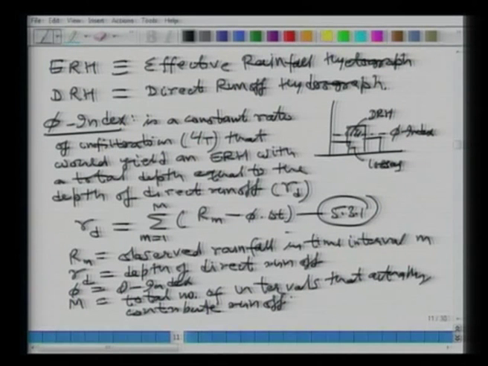Okay. This is very important to understand what is capital M. All right. In the next class, we will take up an example on how to calculate phi index and what is capital M. All right. This will not be equal to the total number of rainfall intervals. Right. It may be less than that. Right. So it is important to understand that.